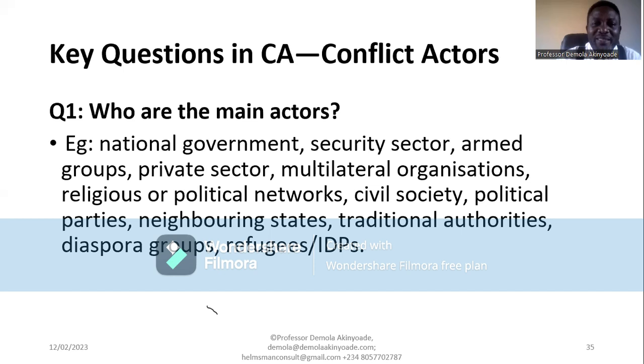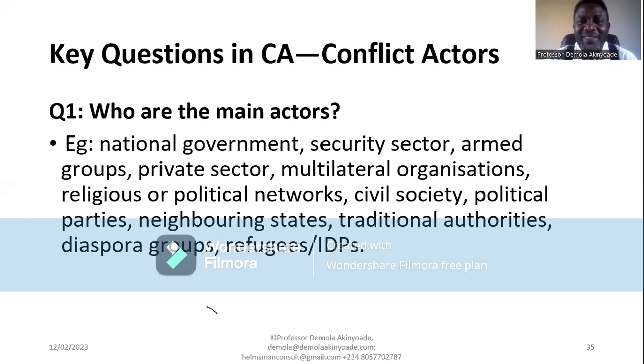Yemi Osibanjo, as the vice president of the ruling party.